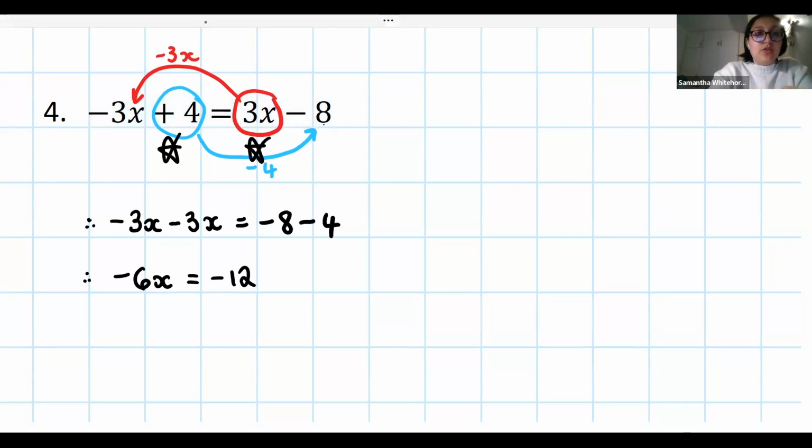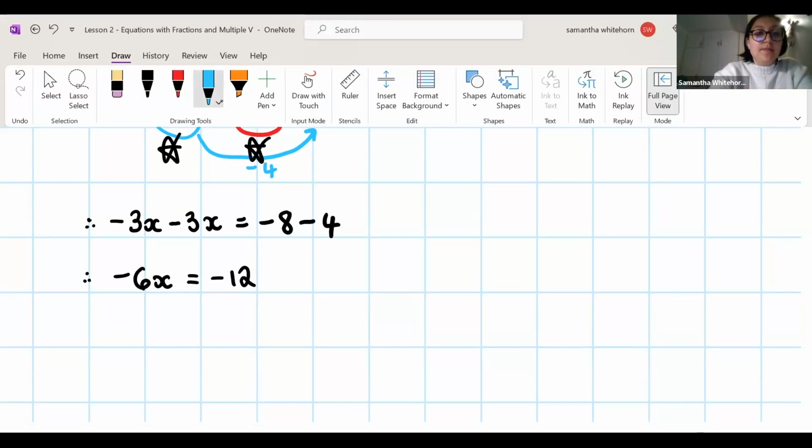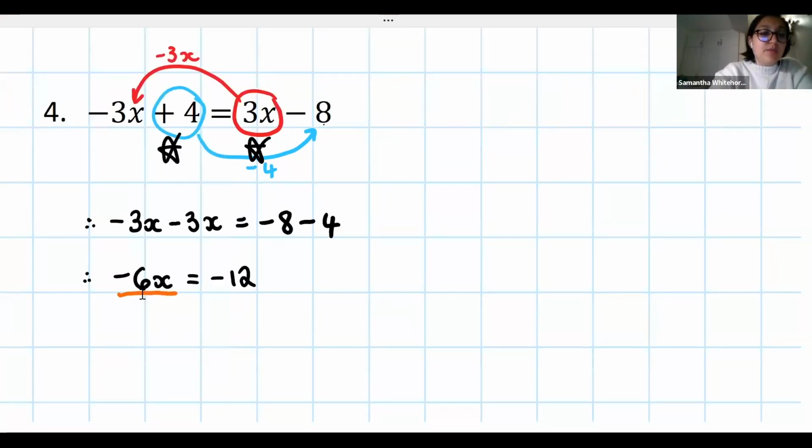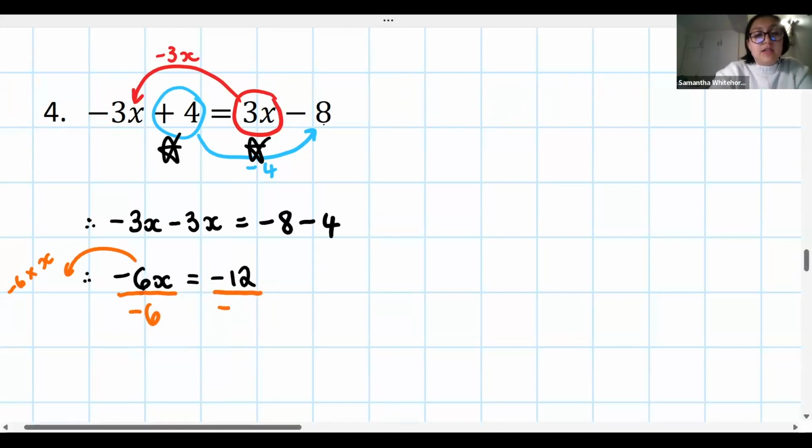Right, now again, we don't want that negative 6 attached to the x, so we need to use our inverse operations, because remember, this is negative 6 times x. The opposite of times is division. If I divide the left by negative 6, I also need to divide the right by negative 6. Now remember, negative 6 divided by negative 6 essentially cancel.